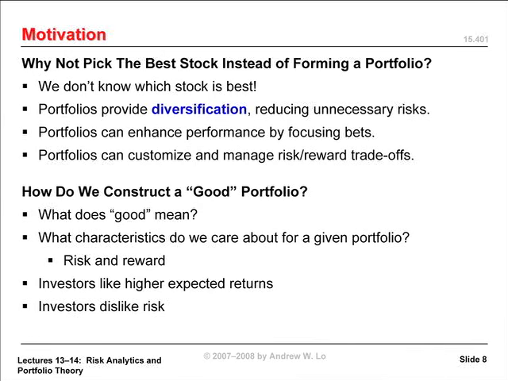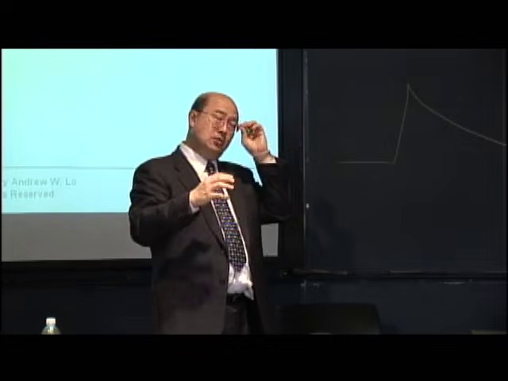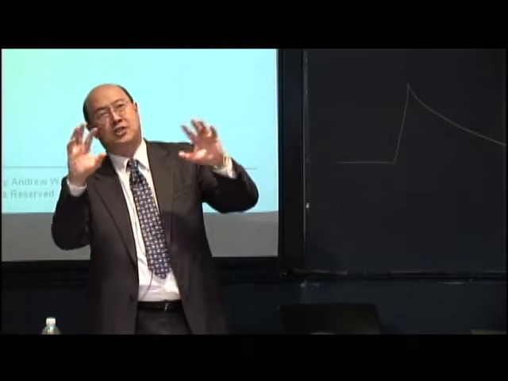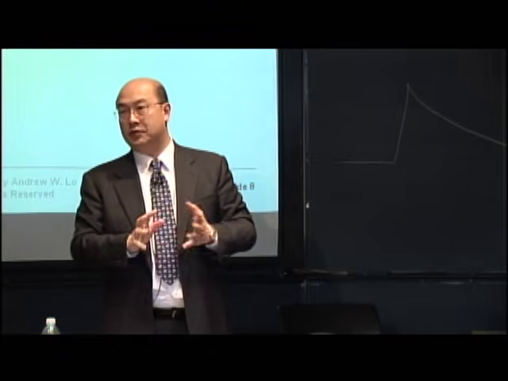So diversification is one way to do that. It's to basically spread your risk across a number of securities. And portfolios can do that, but at the same time, they can also create focused bets. So it's not just the case that you have to buy every possible stock there is out there in order to diversify.